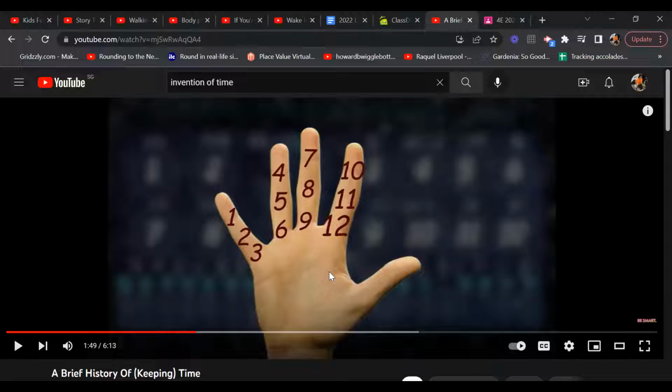Counting digits on the hands. Each finger has 3 parts, right? And then you have four of these fingers and count. 1, 2, 3, 4, 5, 6, 7, 8, 9, 10, 11, 12. Do you know that there's a trick to the times table on your fingers? Okay, you know, very good.